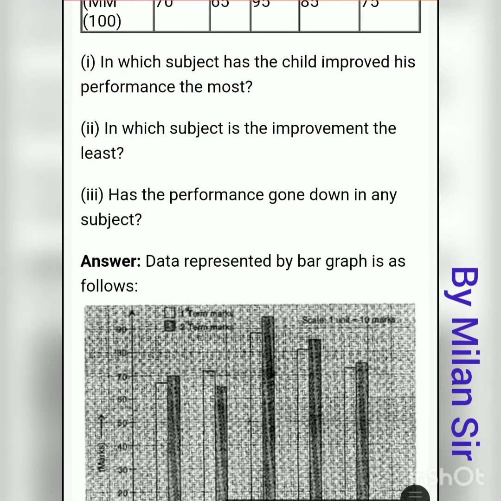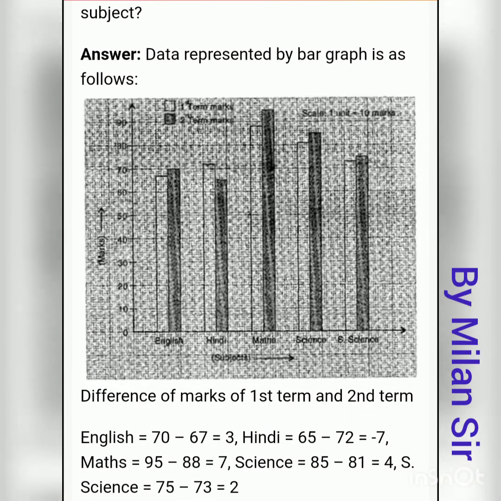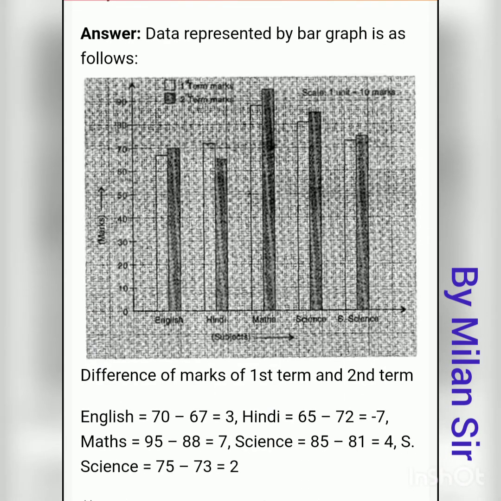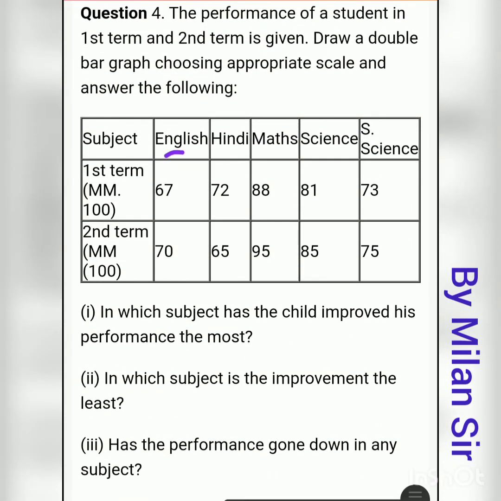In which subject has the child improved his performance the most? Okay, so we need to find the highest improvement. First of all we need to find the improvement in all the subjects. After that we can decide in which subject the child improved the most. In English the difference is 70 minus 67, it's a 3.